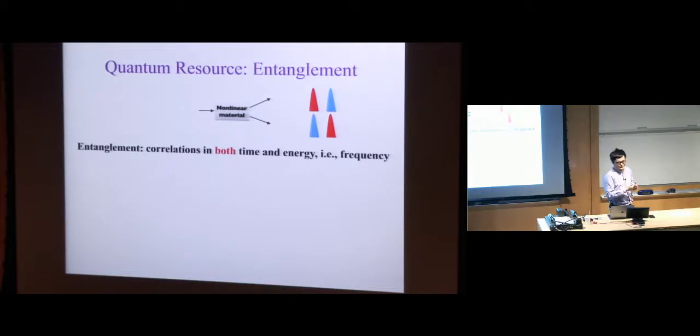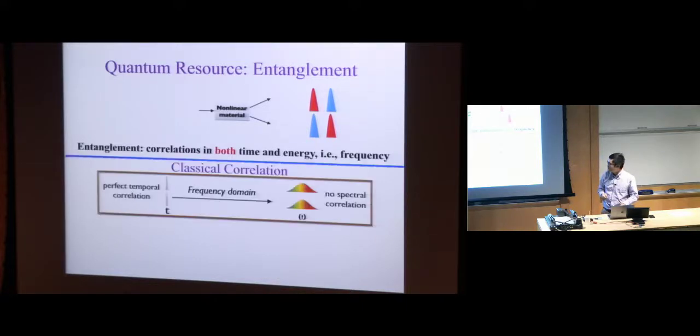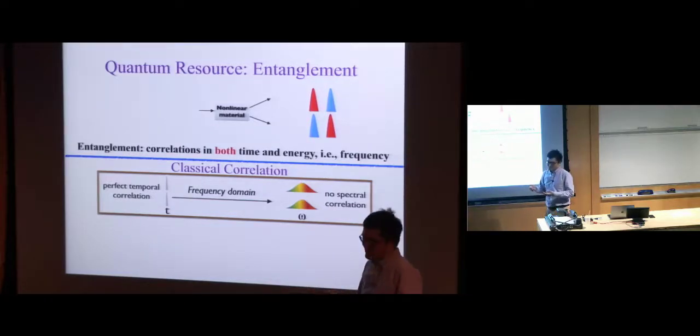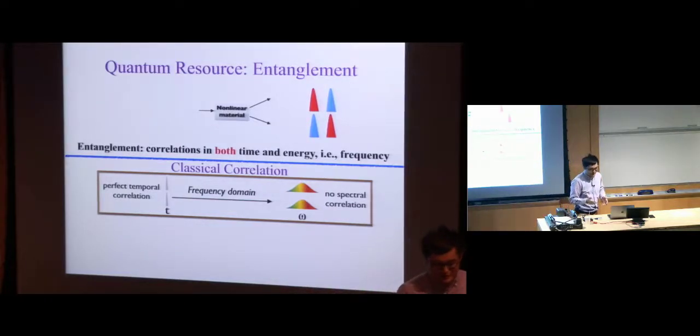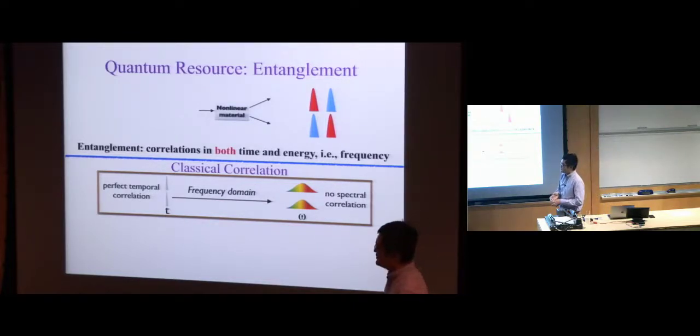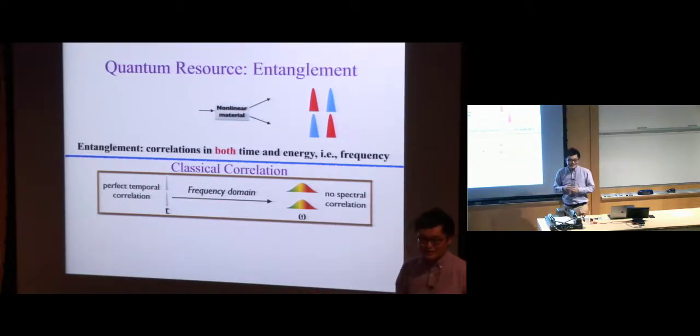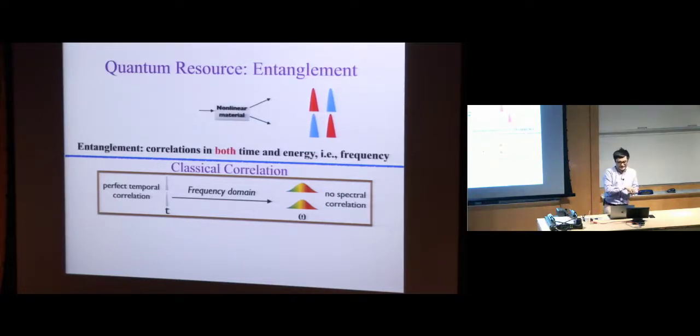But if you look at this process more closely, you find that this is a non-classical correlation. Why is that? It's actually very simple to illustrate. Imagine, classically, I let you produce a pair of photons, and the two photons are completely overlapping in their emission time, which means the temporal profile of each photon is very narrow, so that they completely line up in their emission time.